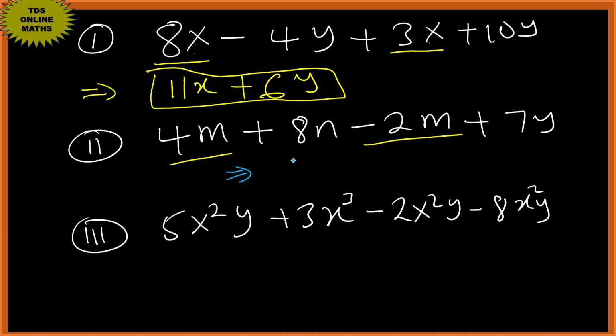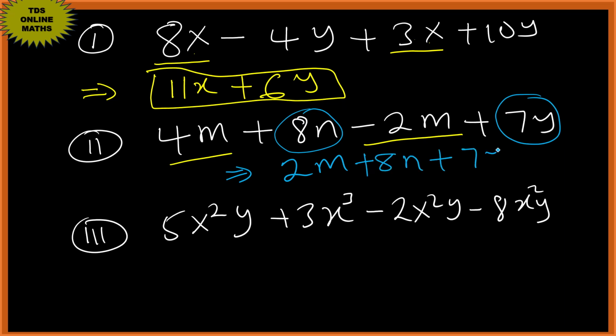So that will be 6m because 8 minus 2 is 6. And since we have no other terms that we can add, I'll continue by adding the rest, 8n then 7y. So that's the answer.